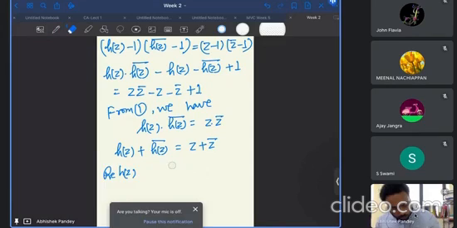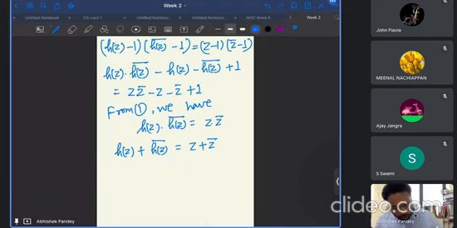So 2 times real part of h(z) equals 2 times real part of z. So this we will get. I hope this is clear.